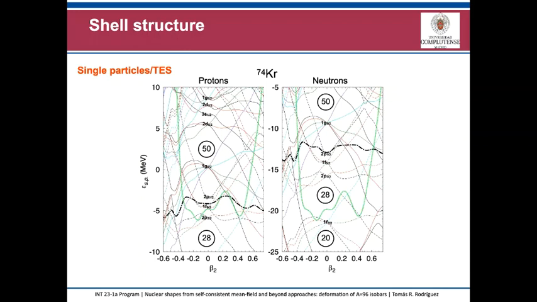So these are already for a complete calculation. For example, the minimum here on the prolate side is because there is a gap open here, created by the g9 spherical orbits and the orbits from the pf shell, and the Fermi level of the neutrons is crossing this big gap. For the minimum here, the gap is basically this one, also in neutrons.